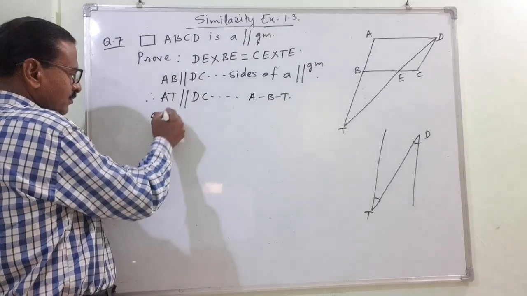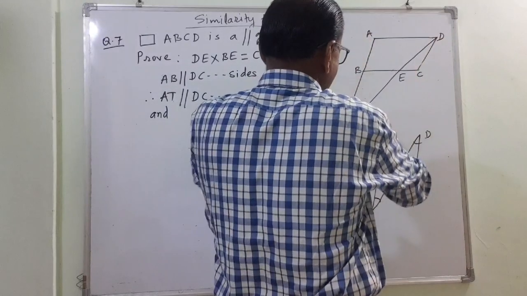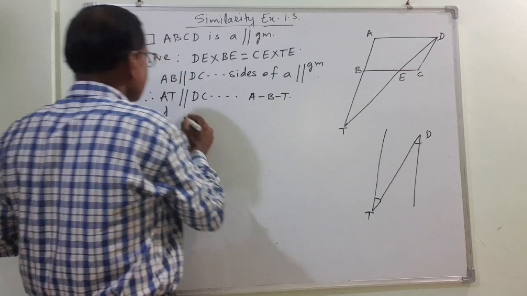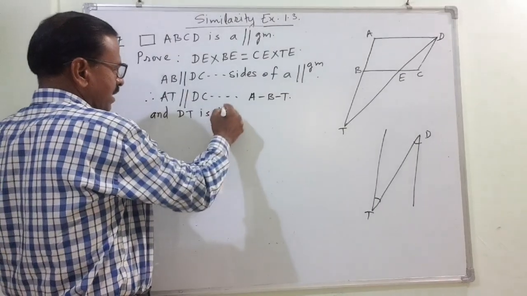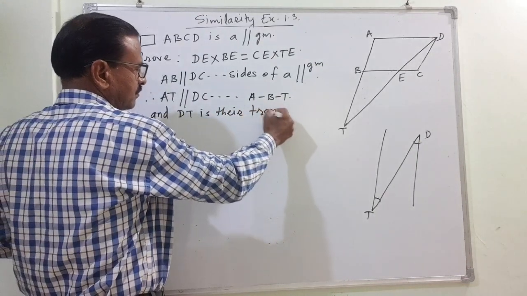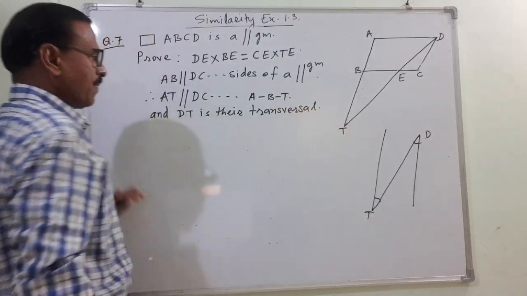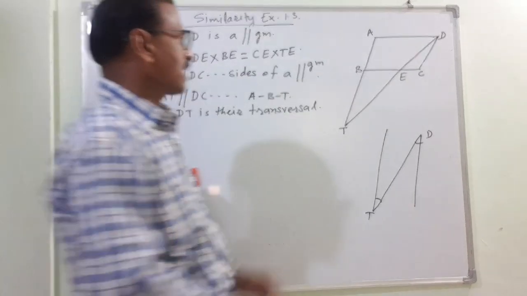And if these two are parallel, DT is the transversal. Therefore, which angles are congruent?